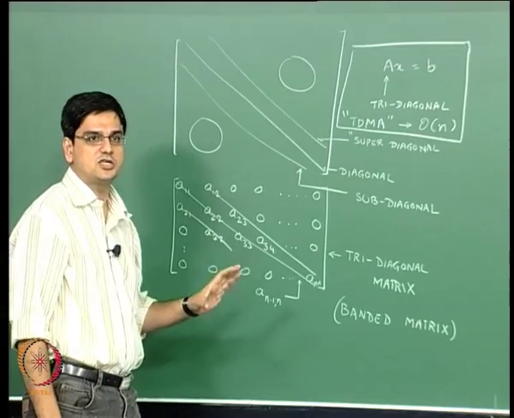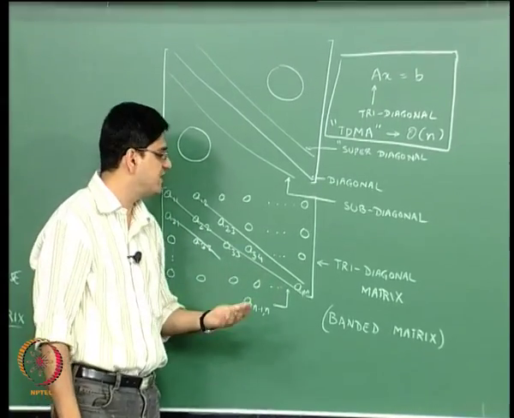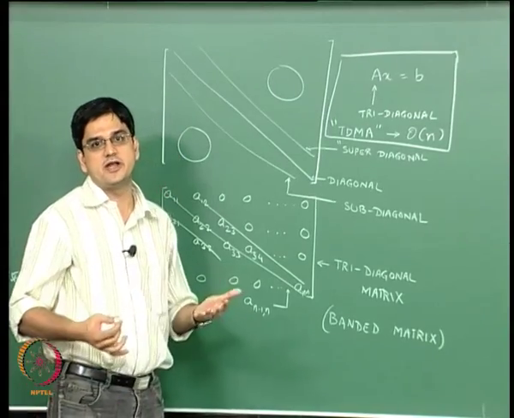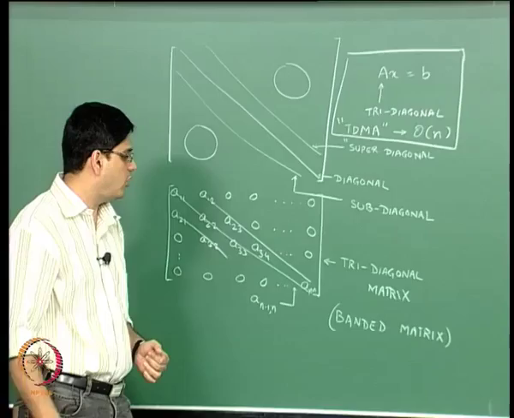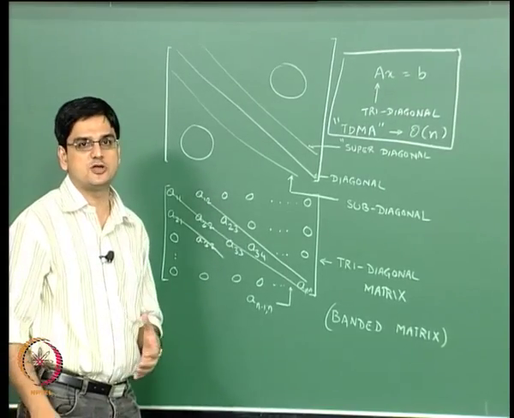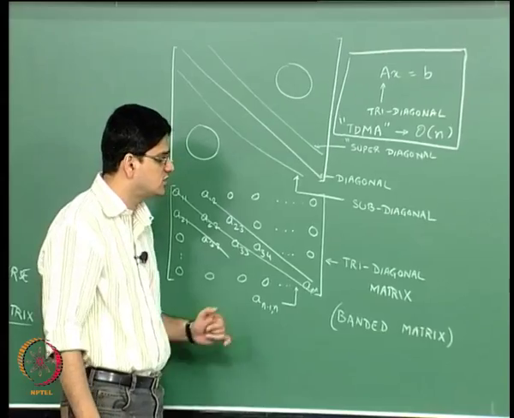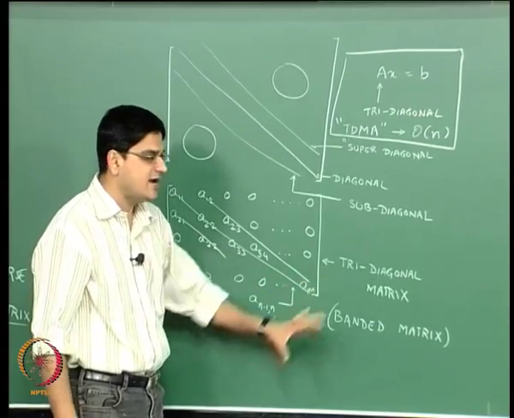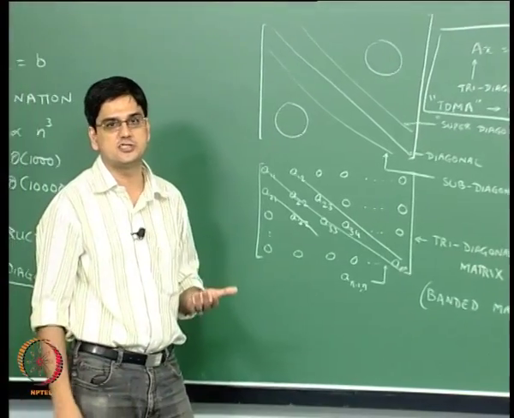Similar tridiagonal structures you will get from a plug flow reactor problem, a fixed bed reactor problem, or a membrane problem, where if we were to model, say, a reverse osmosis process in a membrane, we will get a similar type of model. So we are going to get tridiagonal matrix structures in a lot of problems of interest to chemical engineers.